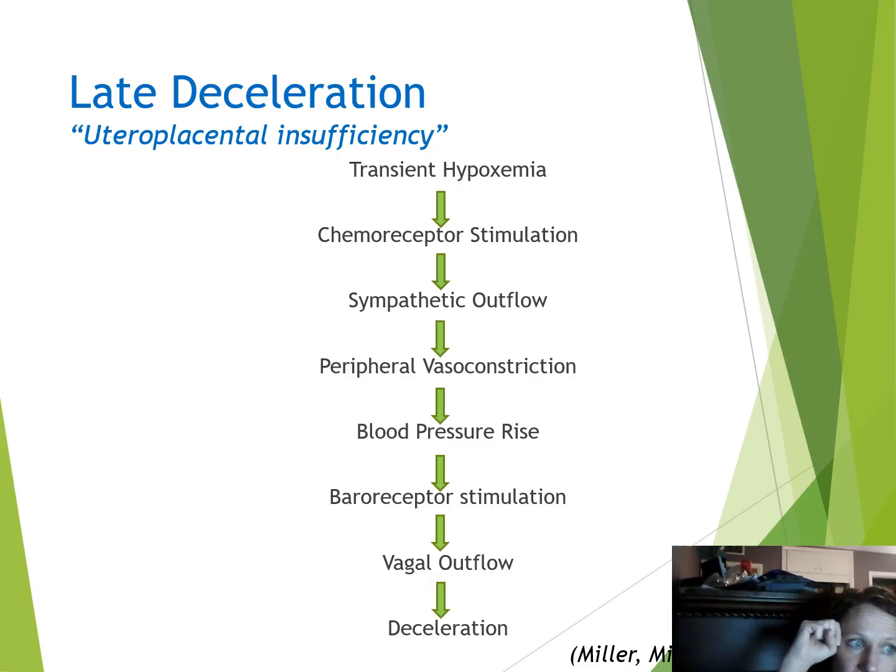When that happens, the baroreceptors pick it up, and you have vagal outflow, which causes your deceleration. Honestly, this part, it's a little bit harder to understand. The biggest part to understand is late decelerations means something is wrong with that fetal oxygen pathway. Okay, your uterus and your placenta are not being perfused.